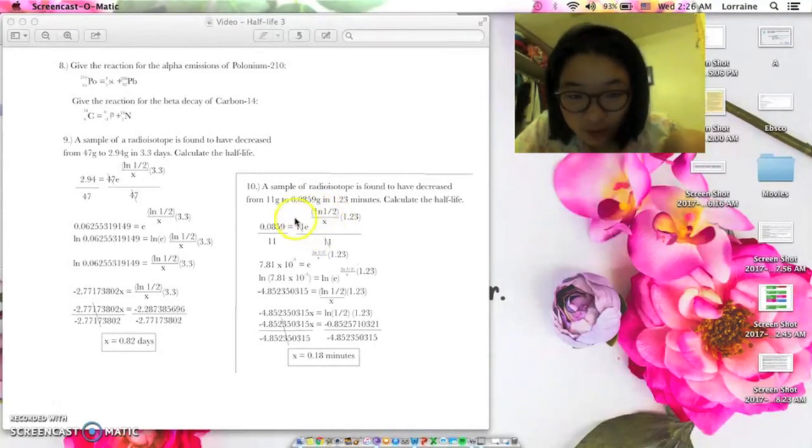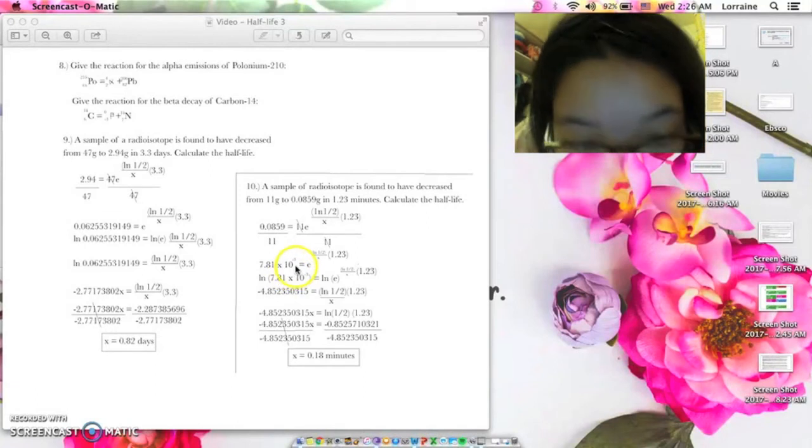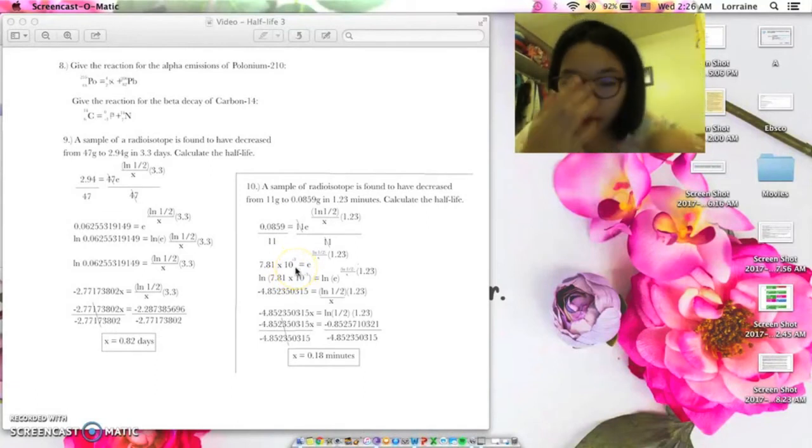I cancelled out 11 to make it easier to solve, and in this part I just divide 0.0859 by 11, and the answer is 7.81 times 10 to the negative 3 power, equals e exponent ln of 1/2 over x times 1.23.